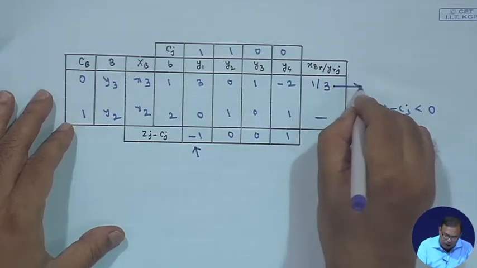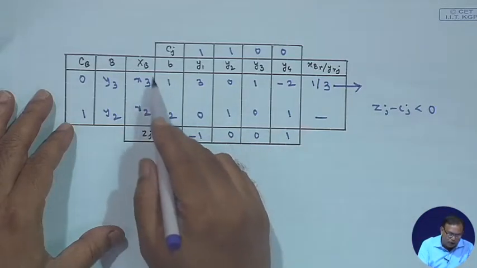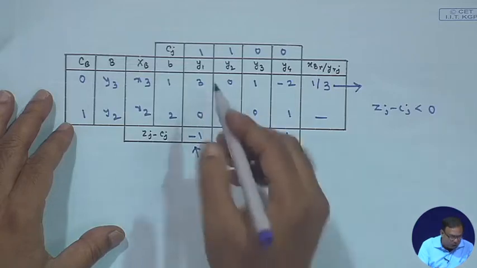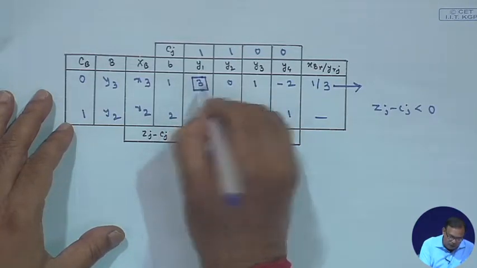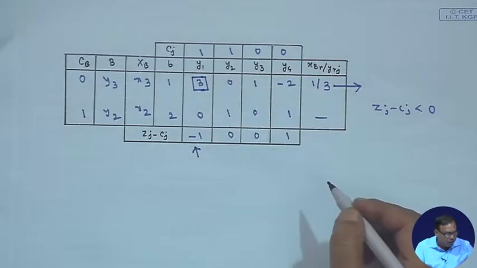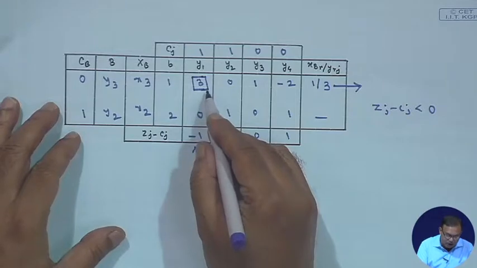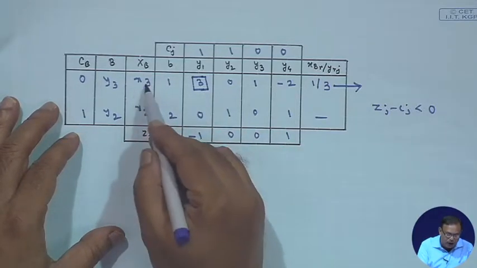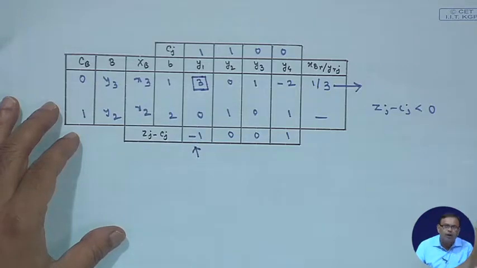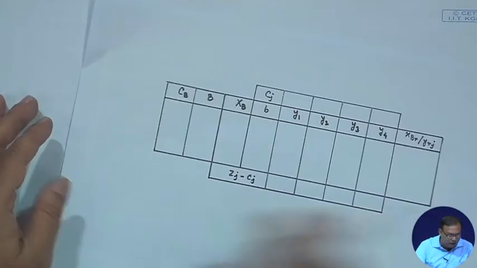Therefore, your departing variable in this case will be x3. So, x3 will go out and x1 will enter into the basis, and the pivot element is 3, this one. So, I hope it is clear. This is the pivot element and x3 will go out and x1 will enter in the next iterative table. So, let us formulate the next iterative table.